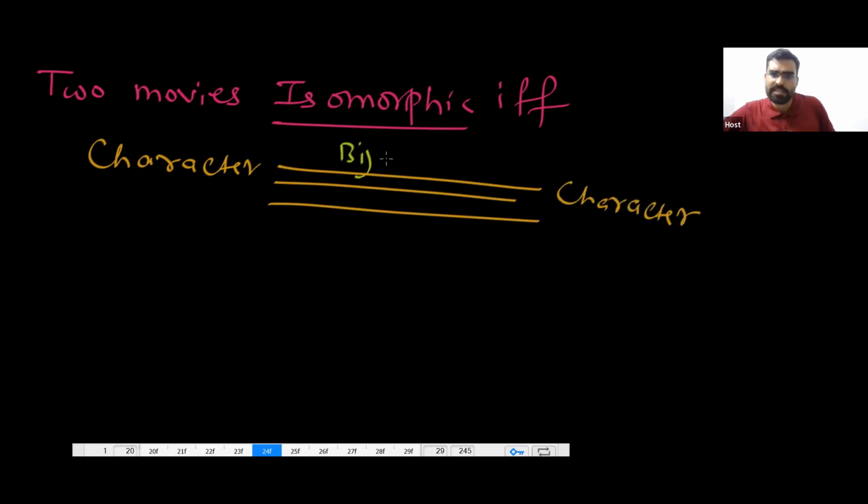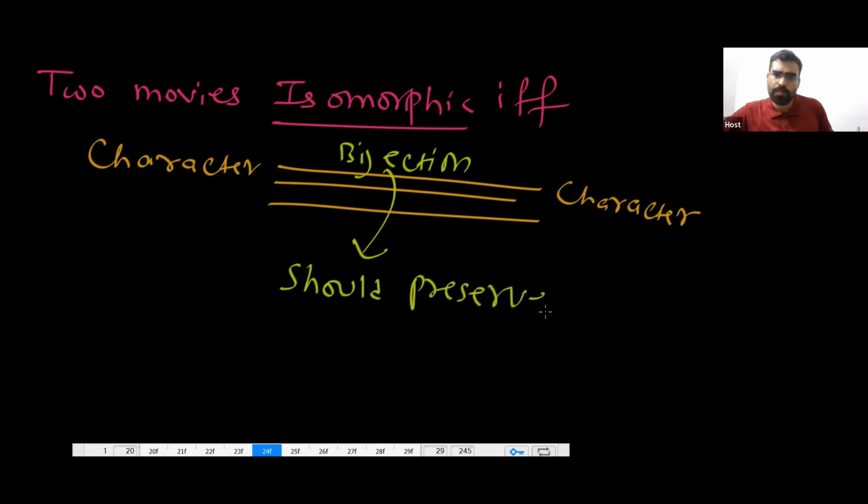You must have a bijection between the characters. This bijection should preserve, remember, this bijection should preserve dialogues. What does it mean?